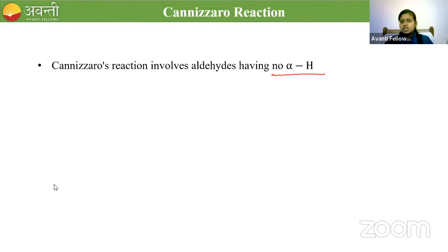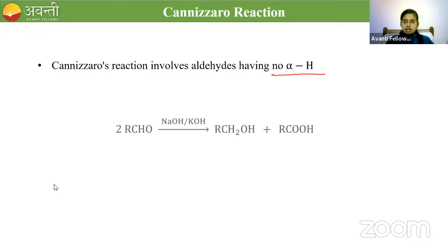So it is better if you go for formaldehyde, which is HCHO, also called methanal. Harish's answer is also correct. The formula for formaldehyde is HCHO.